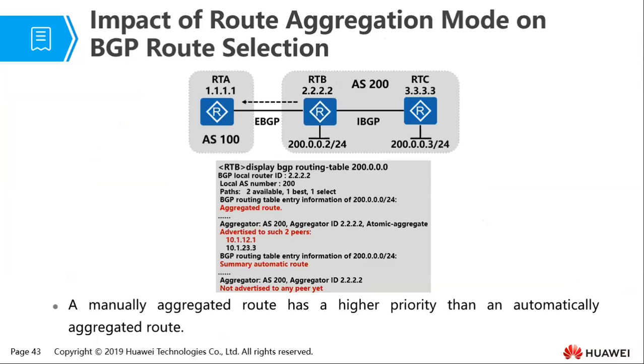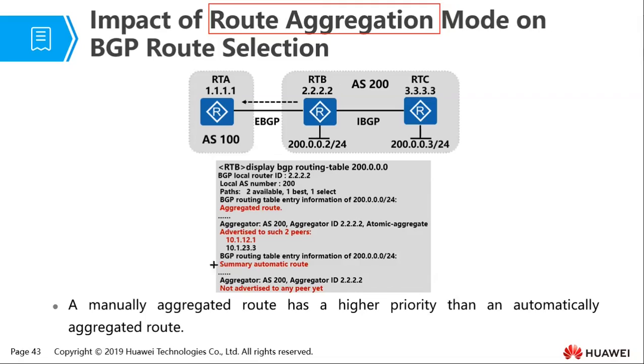The next thing we are supposed to look at is route aggregation mode on BGP route selection. Generally, route aggregation is simply route summarization.